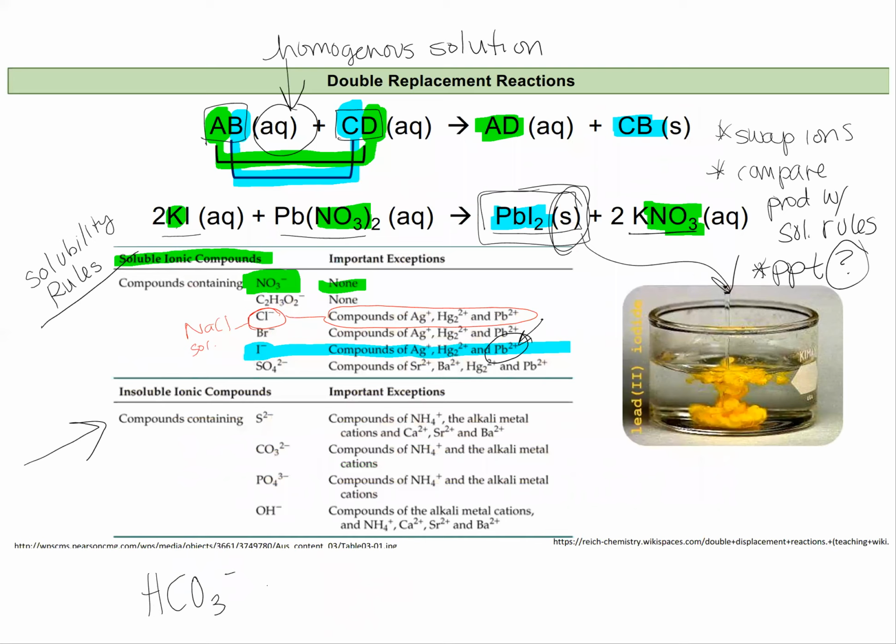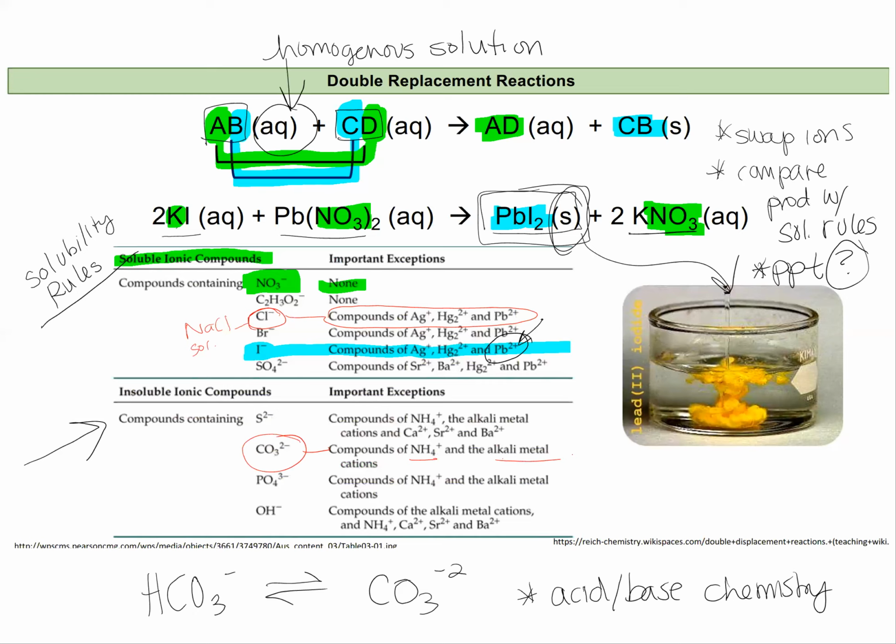But our bicarbonate ion is going to be in equilibrium with its carbonate form, which is -2. And this is something that is explained by, and we'll go into detail when we talk about acid-base chemistry at the end of the quarter. But we do see that on our solubility chart, and these are typically insoluble unless they're paired with ammonium or an alkali metal cation.